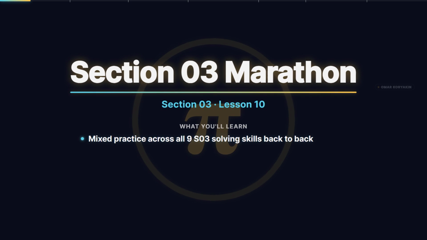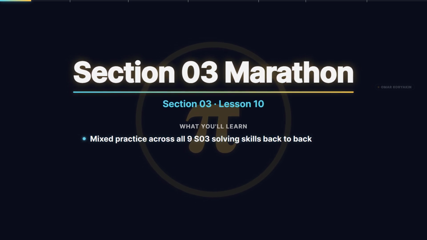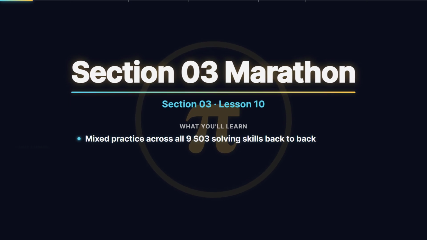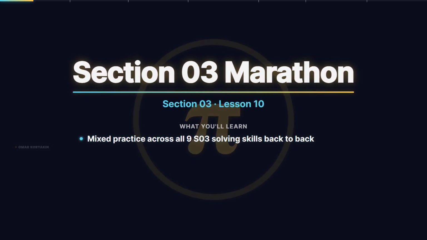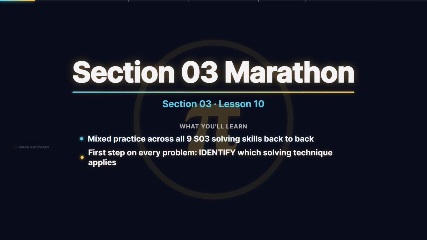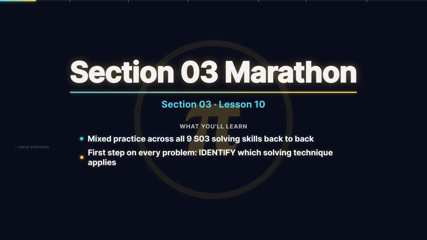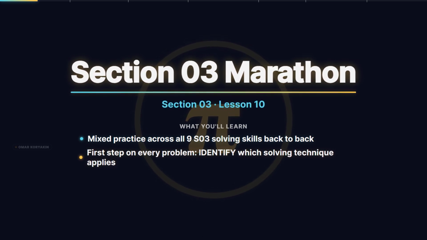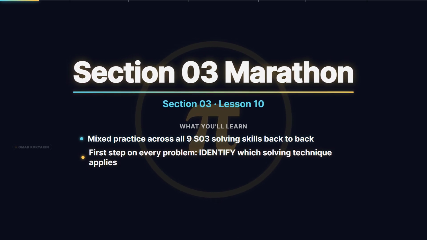When the next problem might be an absolute value inequality or a literal equation rearrangement or a word problem, you have to first decide which toolkit applies and only then start working. The decision step is exactly where weak students stumble and strong students breeze through. Today, we exercise that decision step deliberately by mixing problem types in a deliberate sequence.